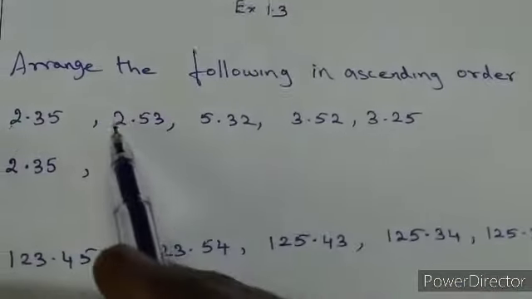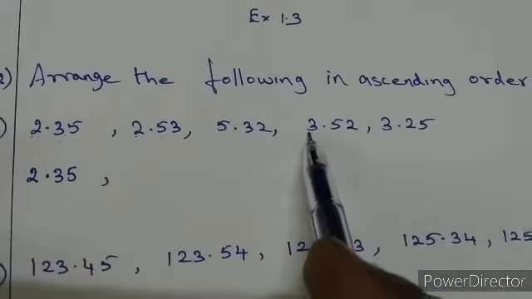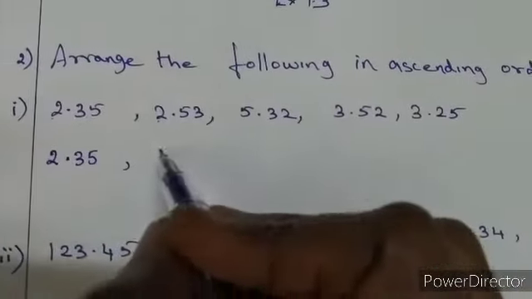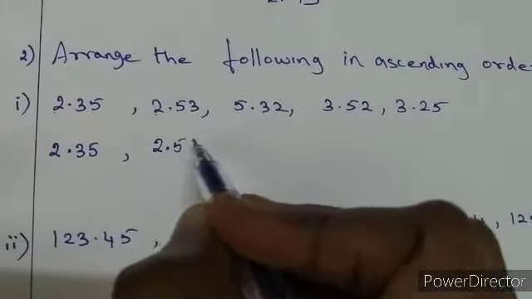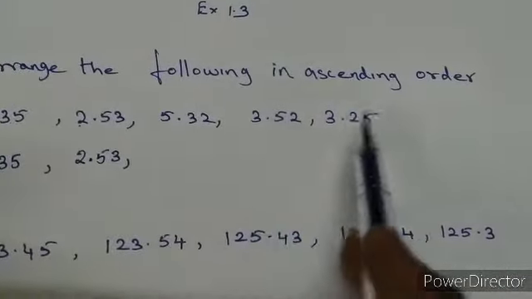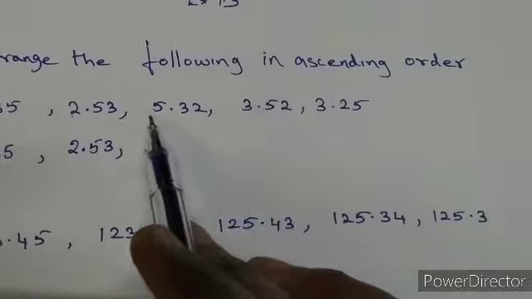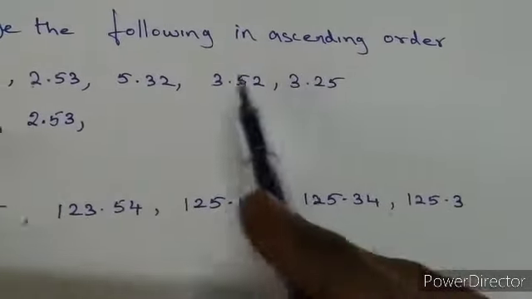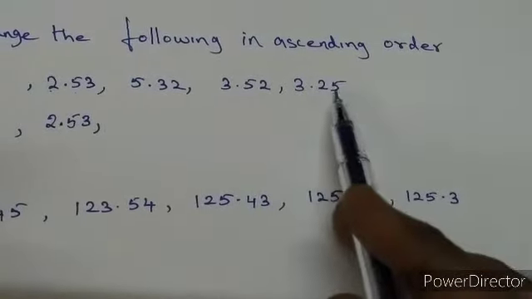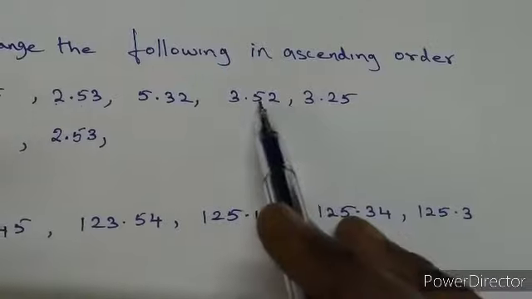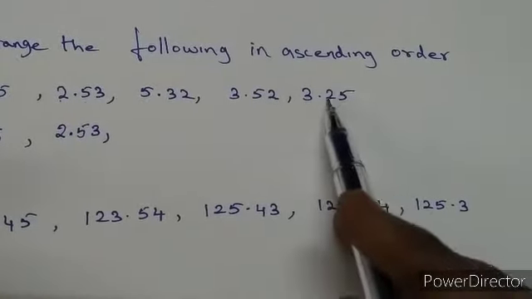Next one, compare the whole number parts 2 and 3. Comparatively 2 is lesser than 3. So the second number you should write is 2.53. Now this is over. Next, the 3 numbers you have to compare are 5, 3 and 3. Here 3 is lesser than 5. Here also the whole number part is the same. Let's move to the decimal part. In the decimal part, 52 is greater than 25.